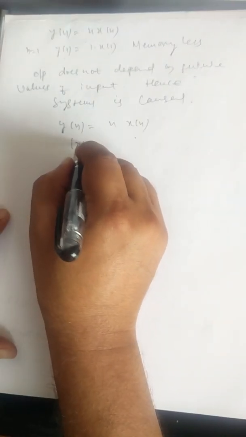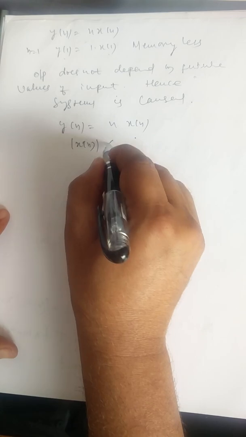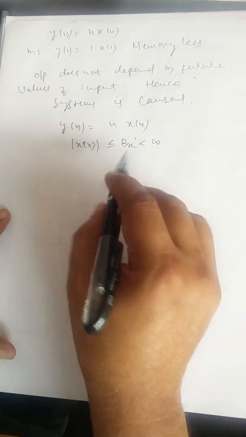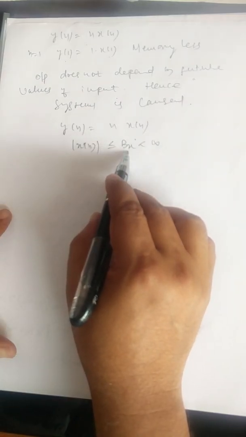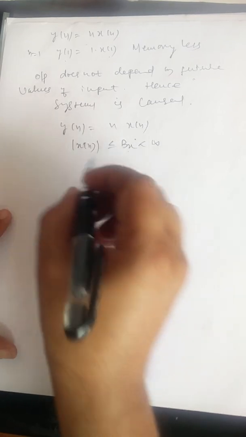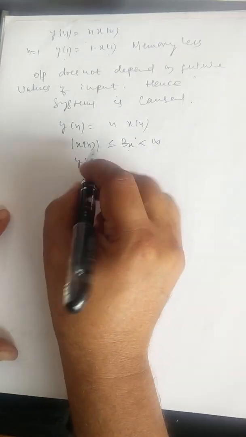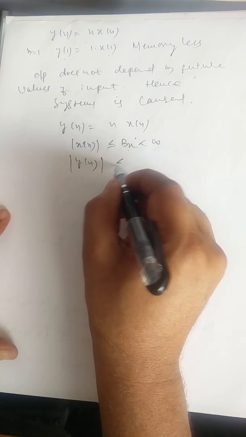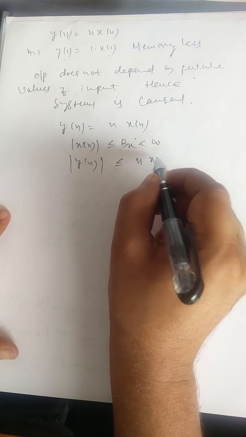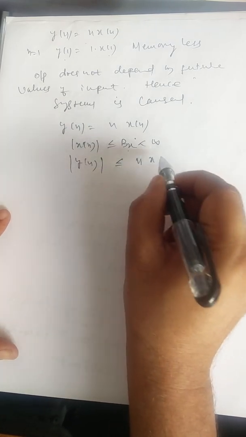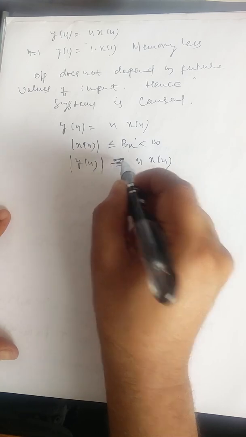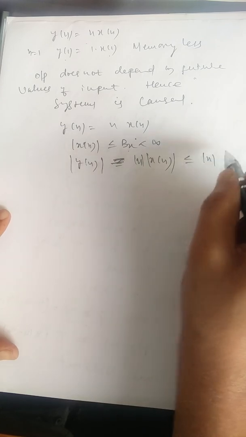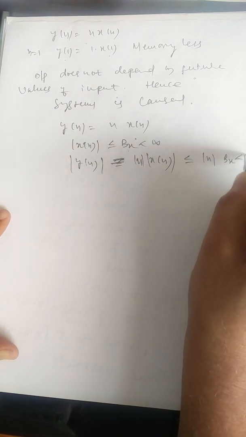That is, for modulus of x of n less than or equal to Bx less than infinity, y of n must be less than or equal to modulus of n into modulus of x of n, that is less than infinity.